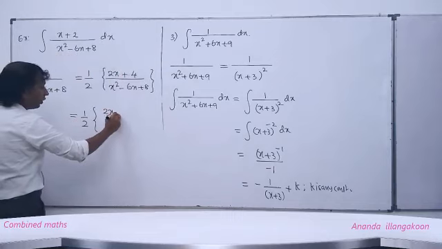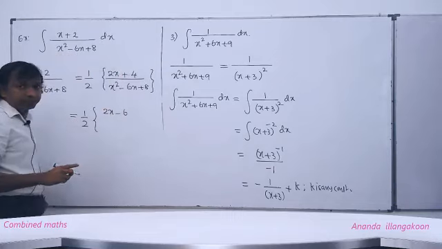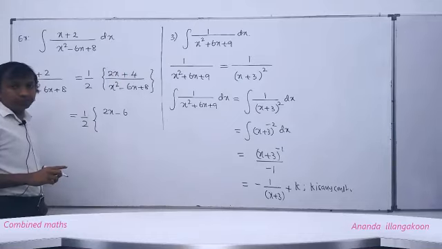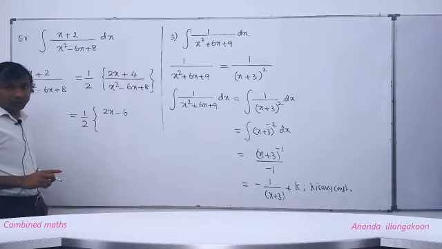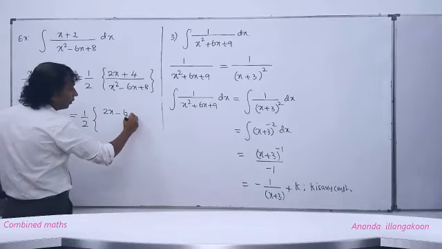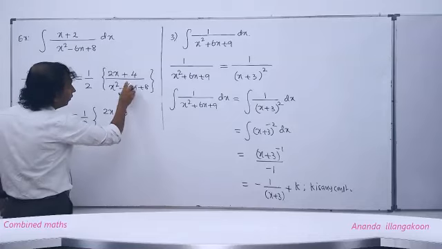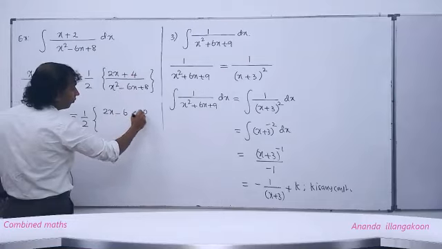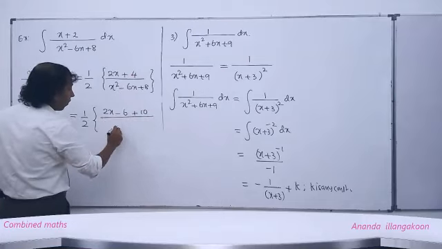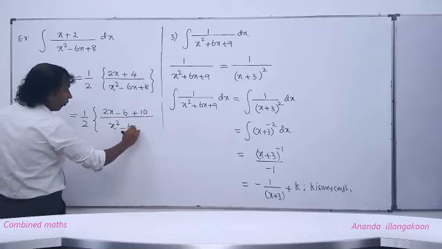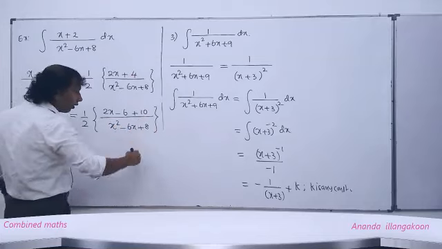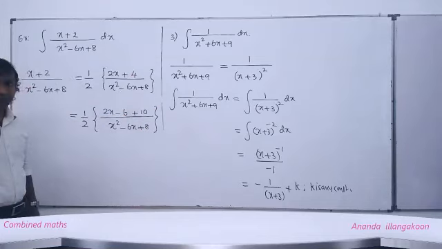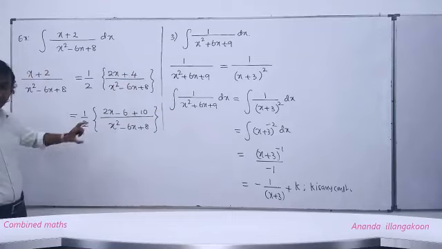I write here 2x minus 6, but we should have plus 4 finally. So I write here plus 10. See here, minus 6 plus 10, this 4 is coming.